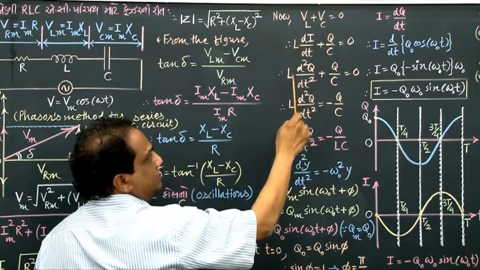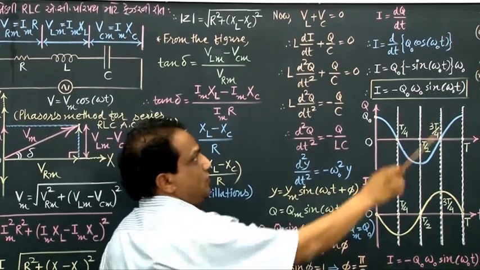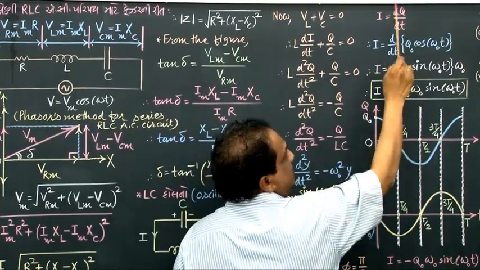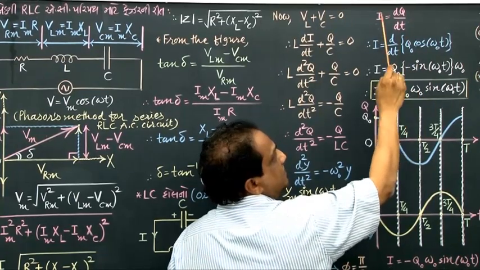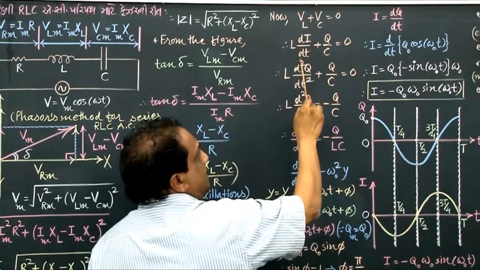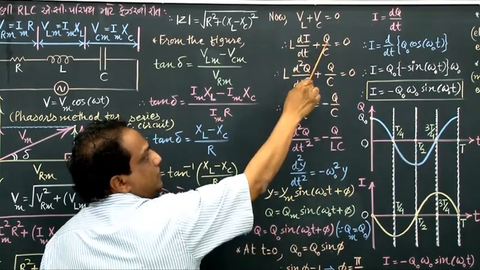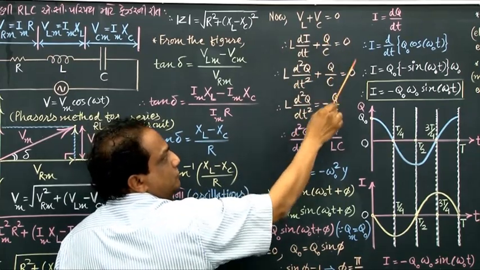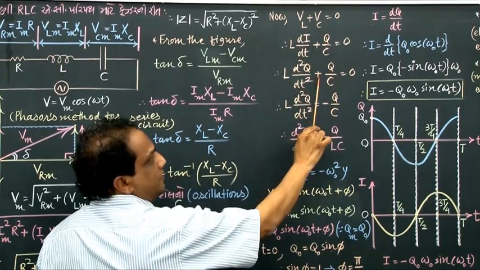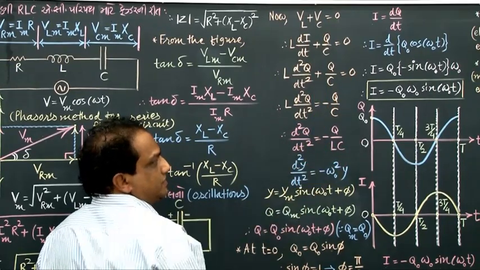Don't you know, I equals dq by dt. When I equals dq by dt, if you take d by dt on both the sides, then di by dt will be equal to d2q by dt square. Here di by dt can be replaced by d2q upon dt square, plus q upon C as it is, that equals 0. Transfer this part. When you transfer from plus, it will become minus.